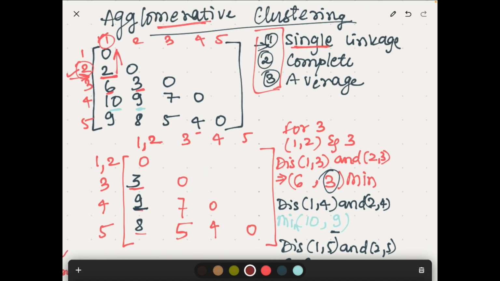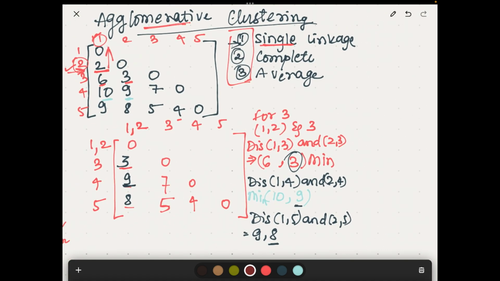And when you talk about agglomerative clustering, they are going to give you this entire thing, and you have to construct something known as the dendrogram. A dendrogram is a graphical representation of the clusters. In this case, I made a cluster of 1 and 2 together at the level of 2.